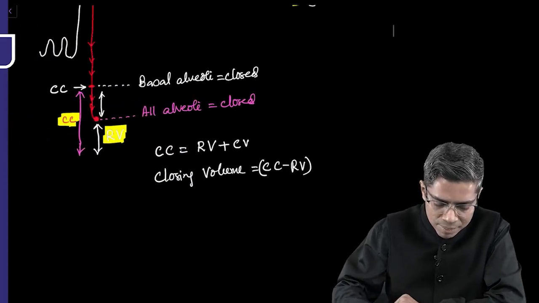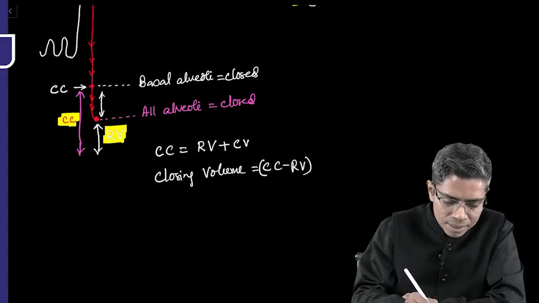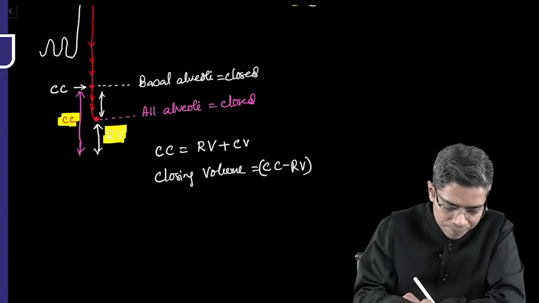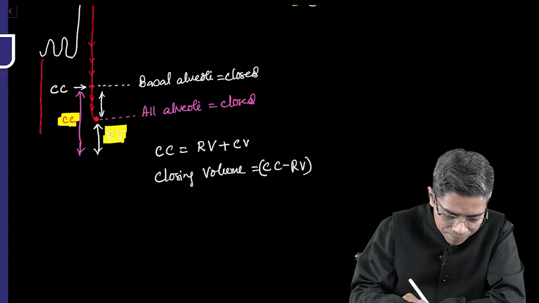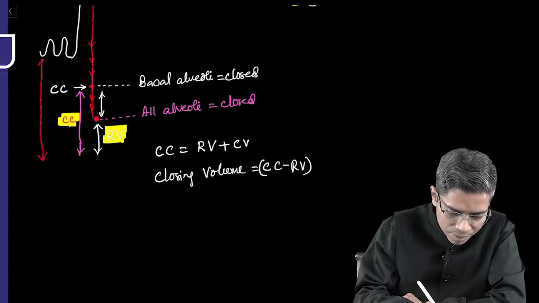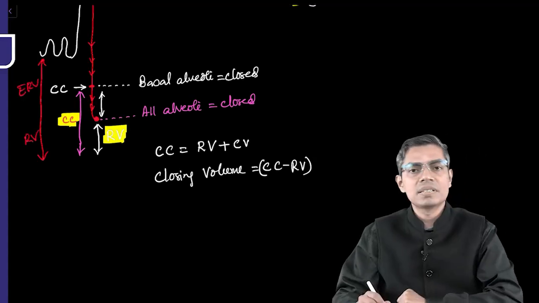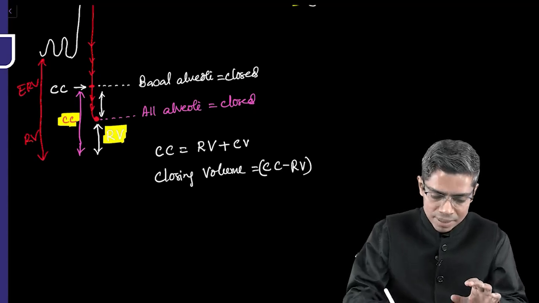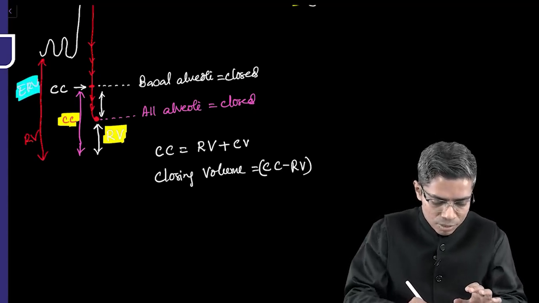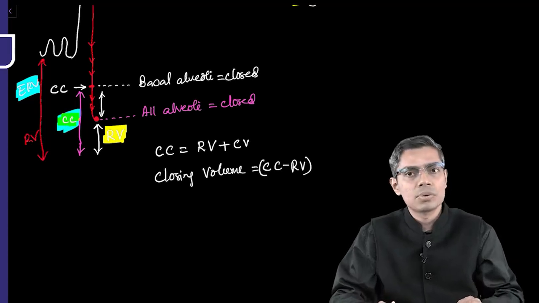Normally, from this diagram I can easily find the FRC, because FRC is the combination of residual volume plus ERV. So obviously in a normal person FRC is always greater than closing capacity.